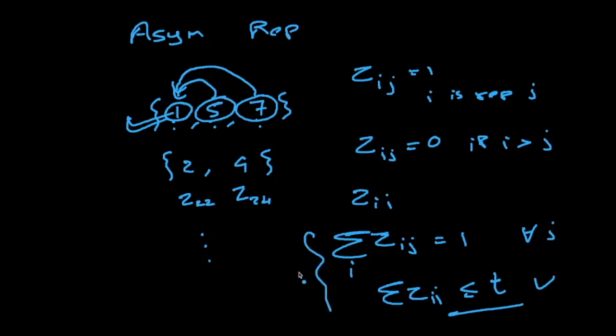These constraints are helpful to model this kind of set partitioning problem. In the paper, they have described a slightly more complex formulation in which they use asymmetric representations, but this basically captures the overall idea of asymmetric representations.